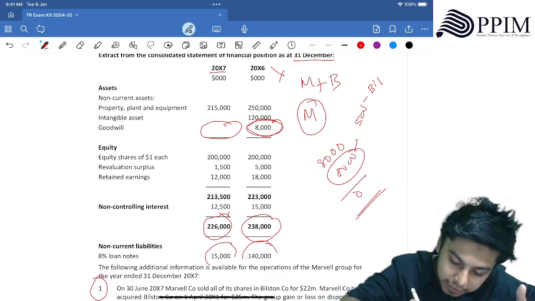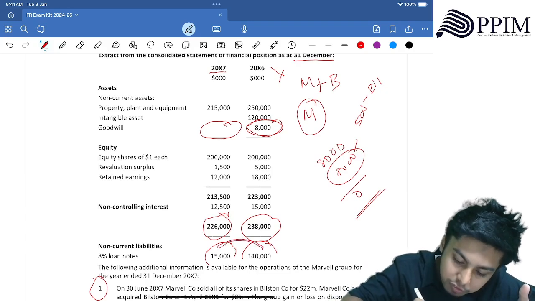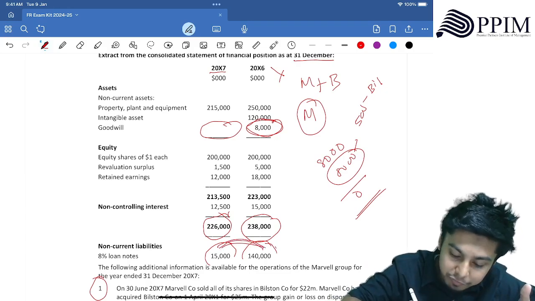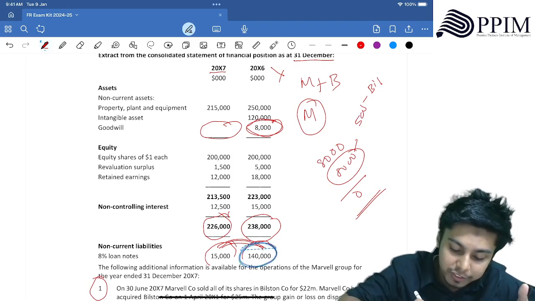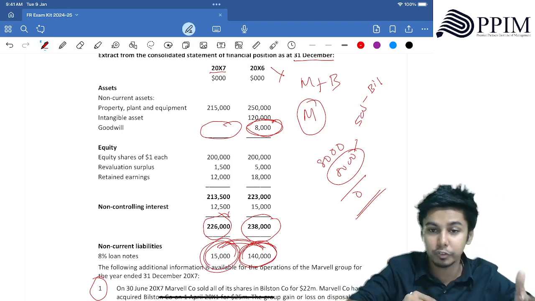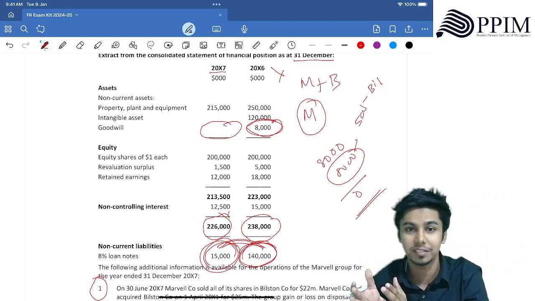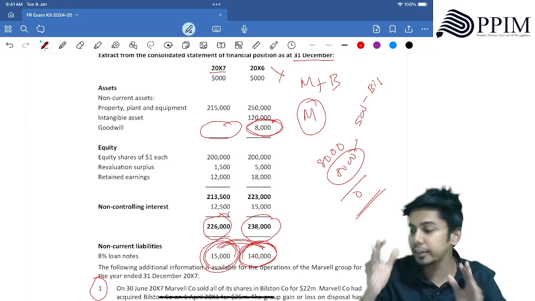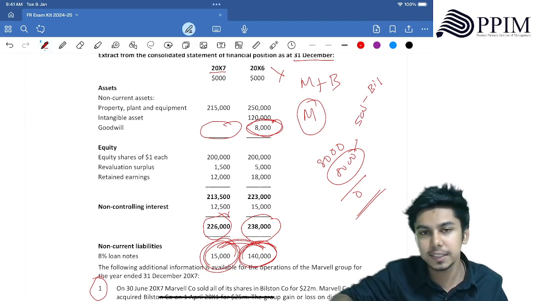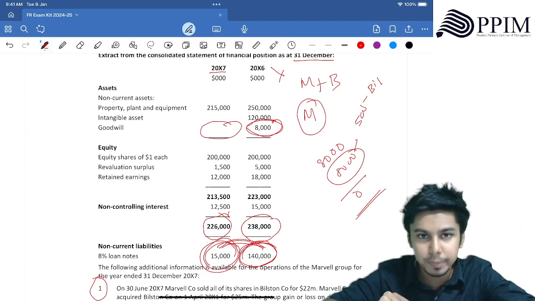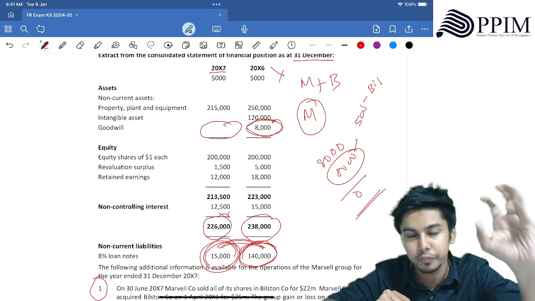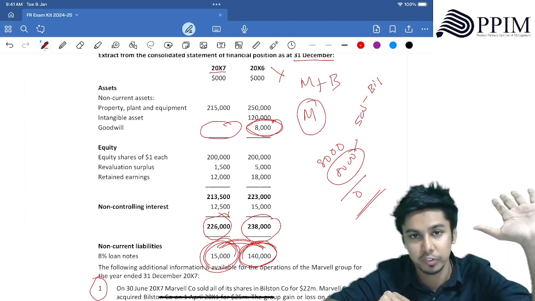Not only Bilston's equity, can you look at this? Bilston's loans. With Bilston, the loan is how much? 140,000. Without Bilston, what's the loan? 15,000. So there's a big drop in loans. This big drop can be explained in two ways. One, we sold Bilston and got some money, and from that money we could have settled the loans.